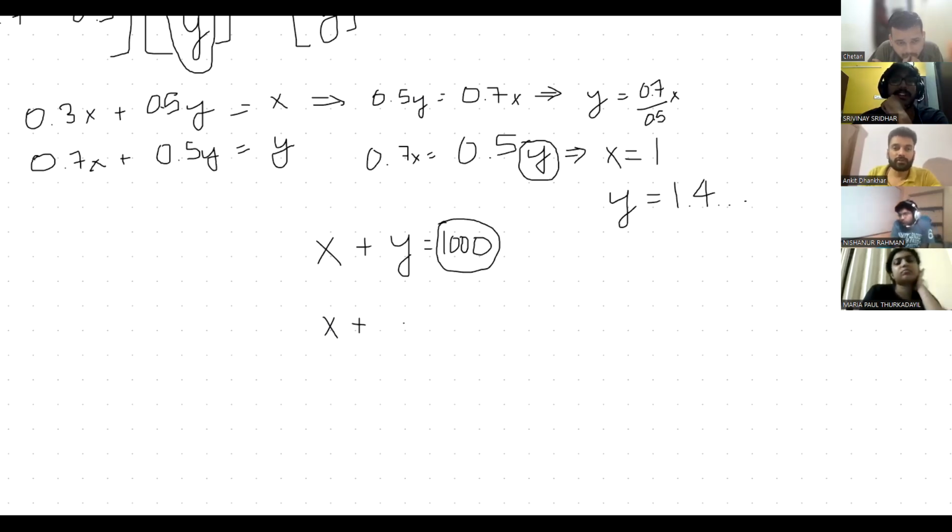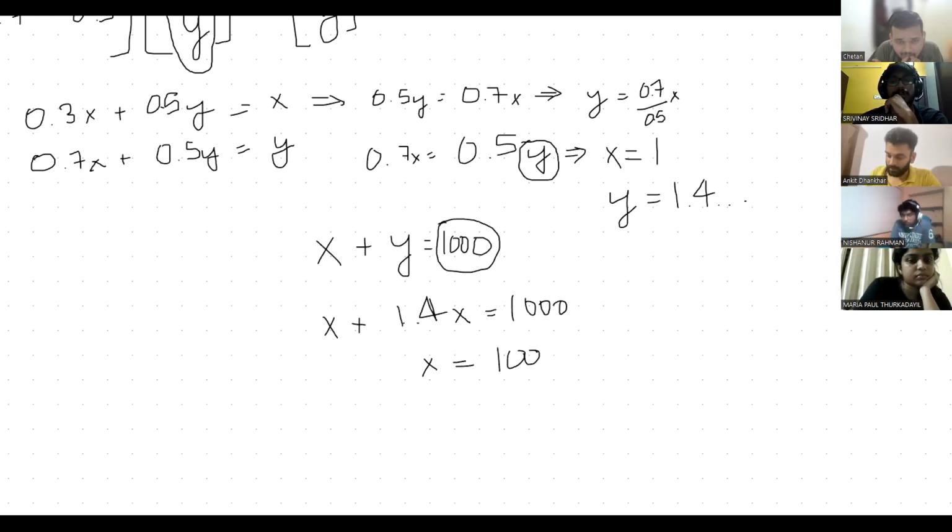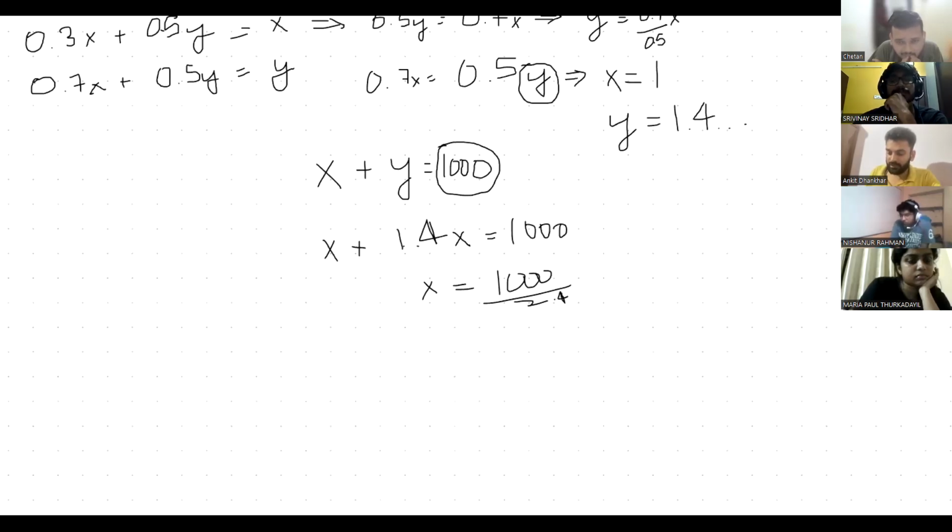Makes sense. So I want to put this as 1.4x is equal to 0.7x, 1000, right? So x is equal to 1000 divided by 2.4, which is 416.666, which was one of our answers.